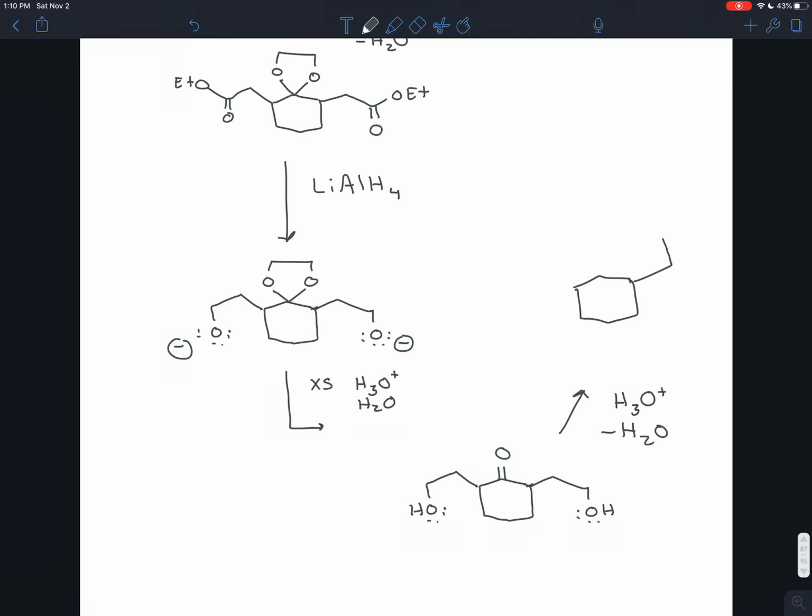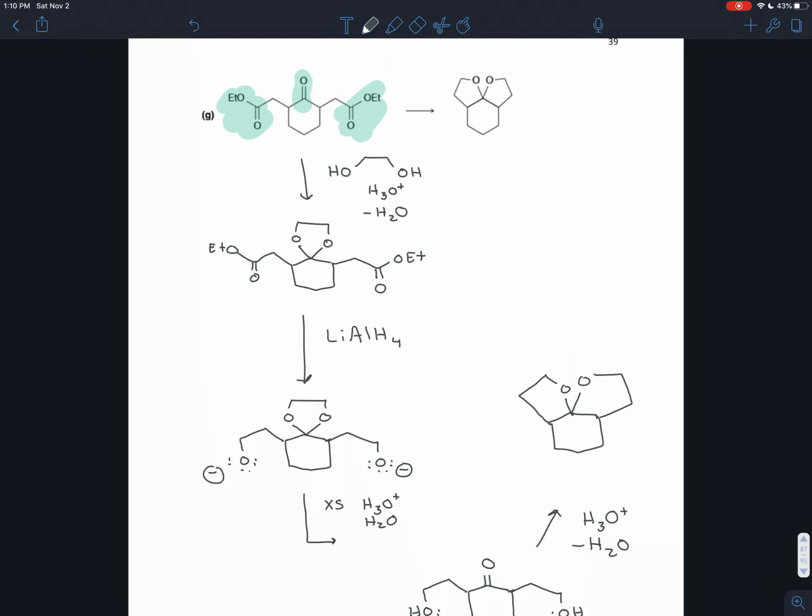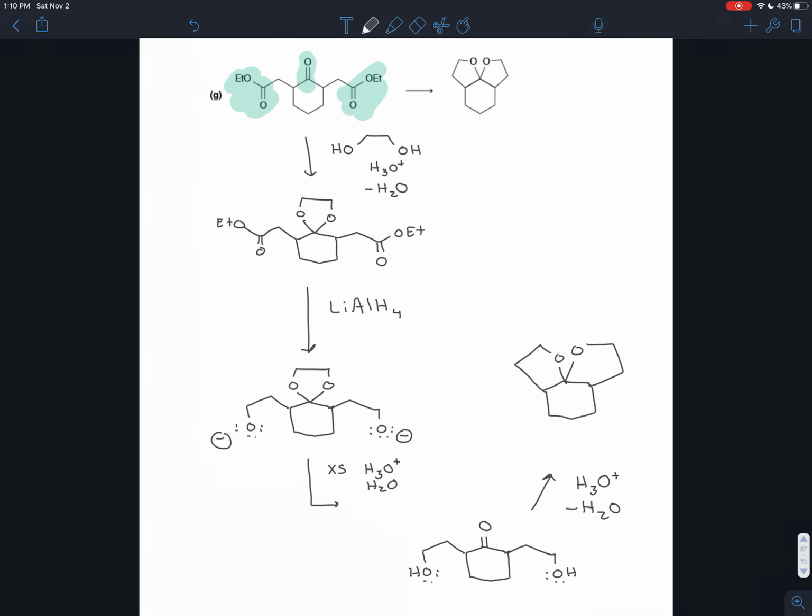So 1, 2, and then an oxygen, and then it's bonded to the carbon that was in the ketone. And the same with the other one. 2 carbons and an oxygen. So 1, 2, and then an oxygen, and then it's bonded to the carbonyl carbon. And you'll see that that's the product that they gave us.